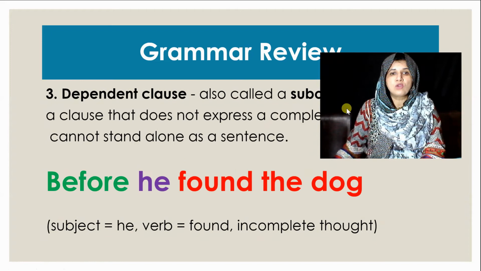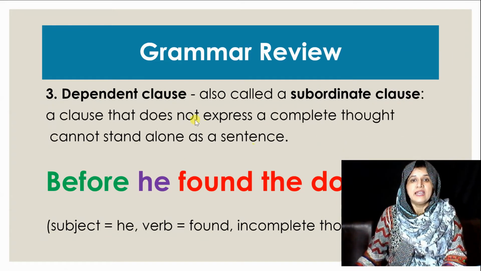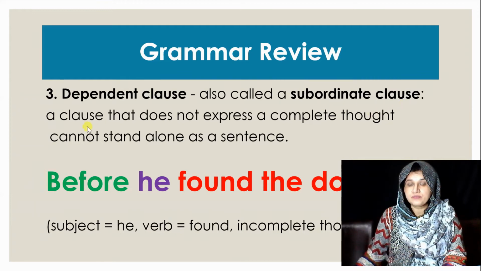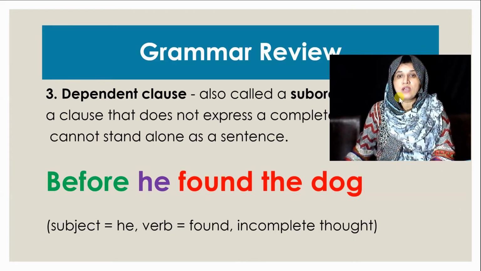Another type of clause is the dependent clause. A dependent clause, also called a subordinating clause, is a clause that does not express a complete thought and cannot stand alone as a sentence. So how is a dependent clause different from an independent clause? Both dependent and independent clauses show a subject predicate combination.